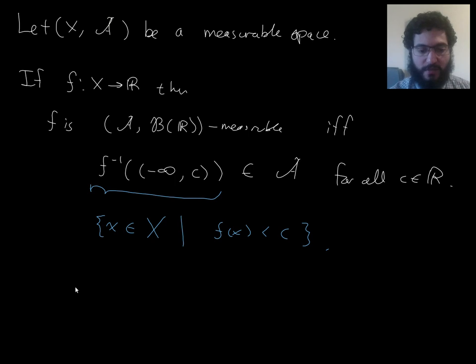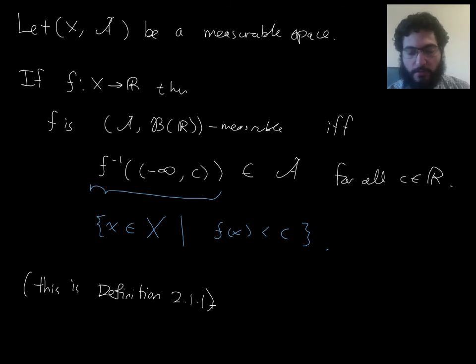And what I'm giving here is definition 2.1.1. That was actually the first definition in the text: if you have a real valued function, then it's called measurable if and only if, for any given real number c, this set is a measurable set.